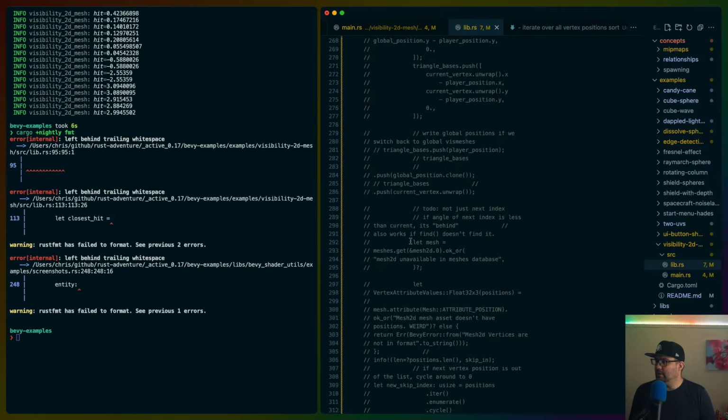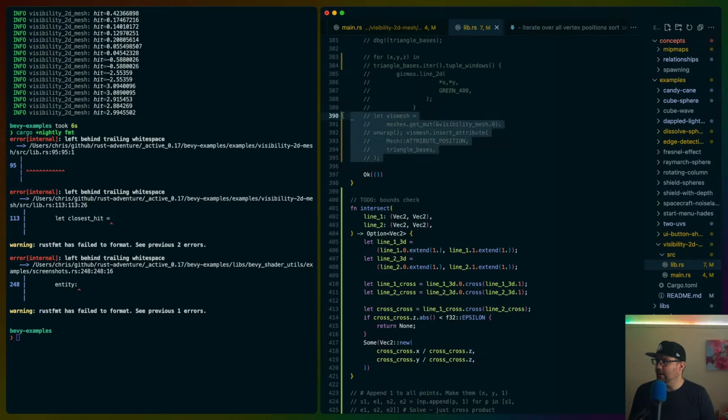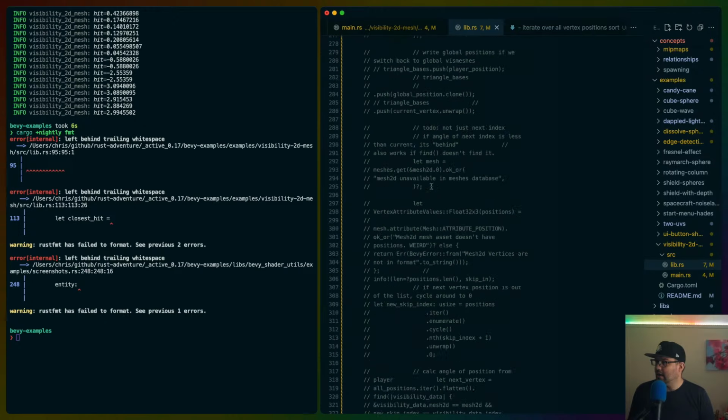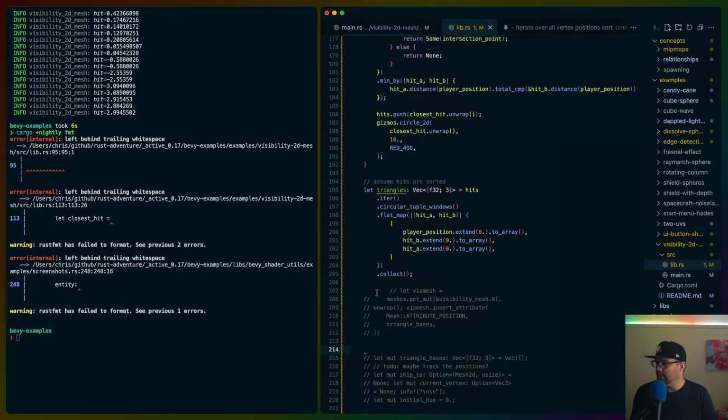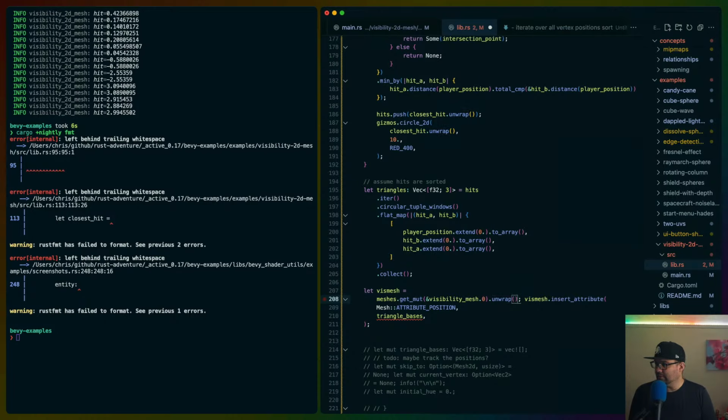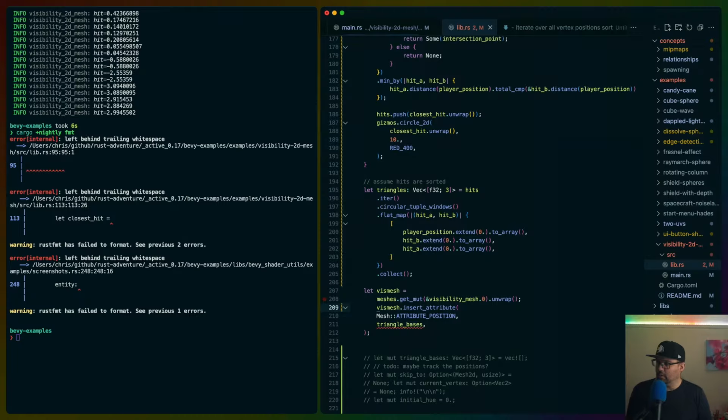And then where's our mesh? I think we have the mesh logic way down here. So I'm just going to copy what we have here and bring it up over the old code. The fact that Rust Analyzer formats code inside of comments in ways that code doesn't get formatted always feels weird.